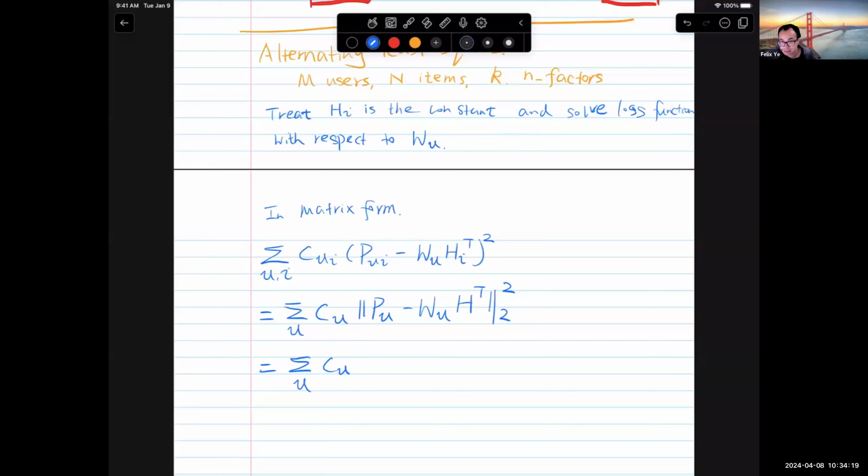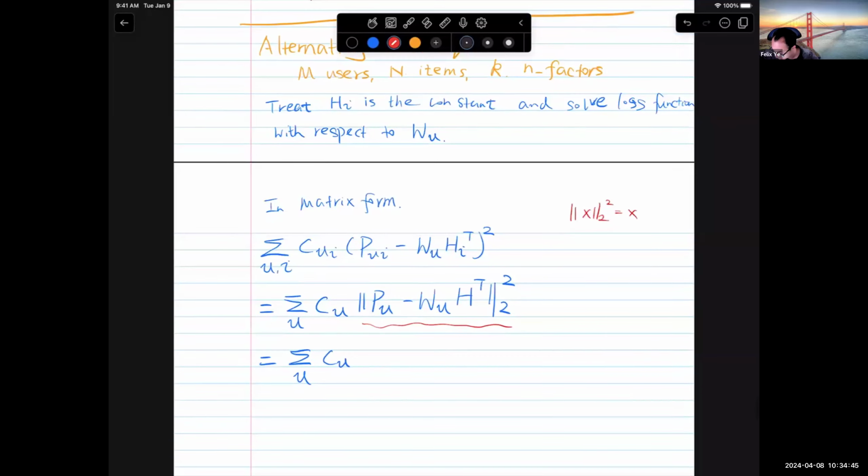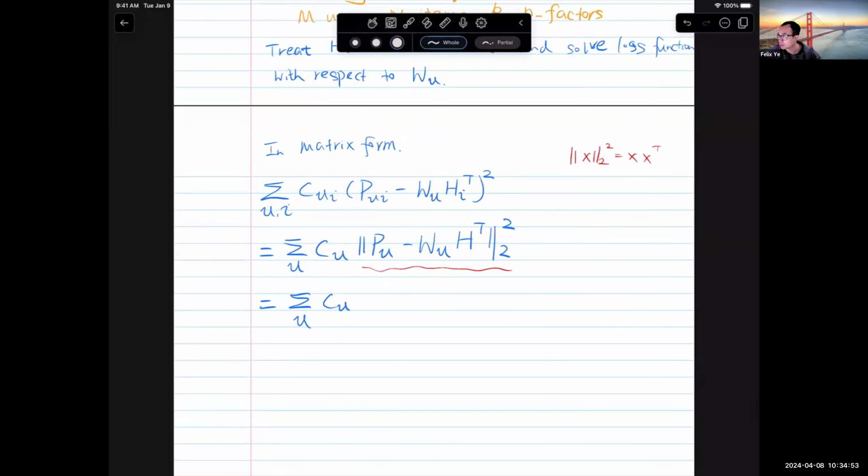But splitting this up is not that straightforward. You need to think about this whole thing as a vector. Basically, this is x, and if you think of x as a row, this is x x transpose. So this is written in the following way.